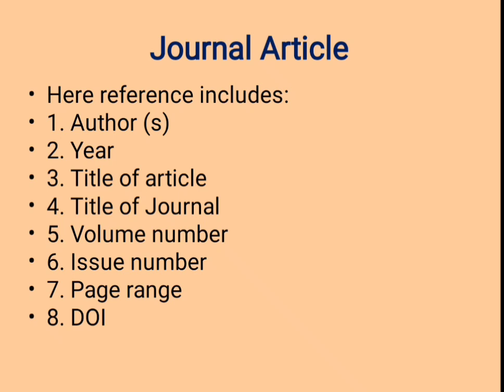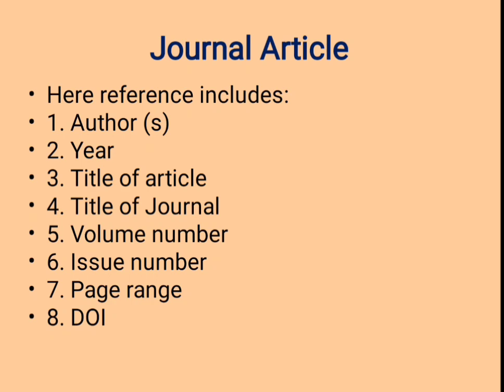Now, different sources have a specific format according to APA while writing the reference of that specific source. First of all, if we are going to write a reference of any published article in any specific journal, what is the information that we have to mention?